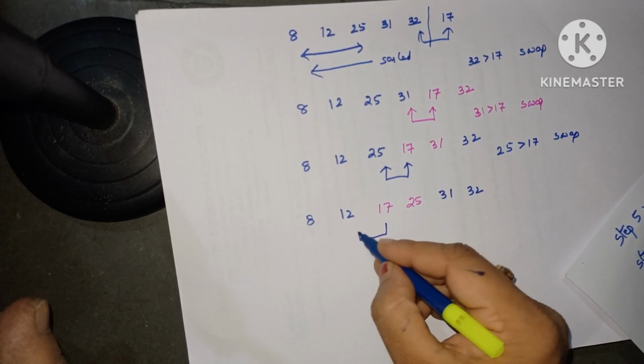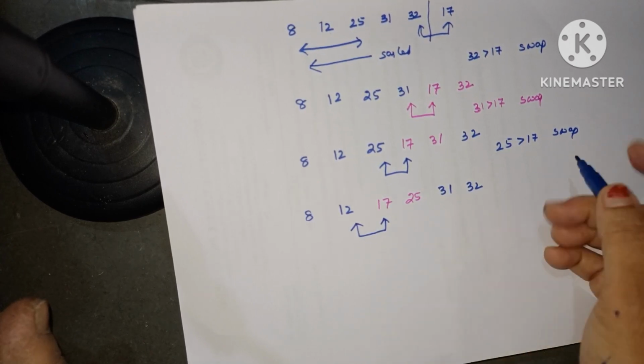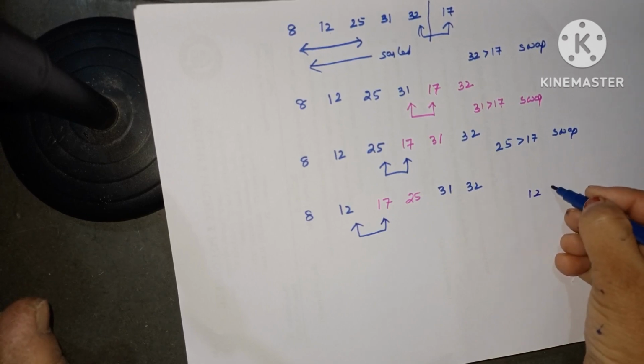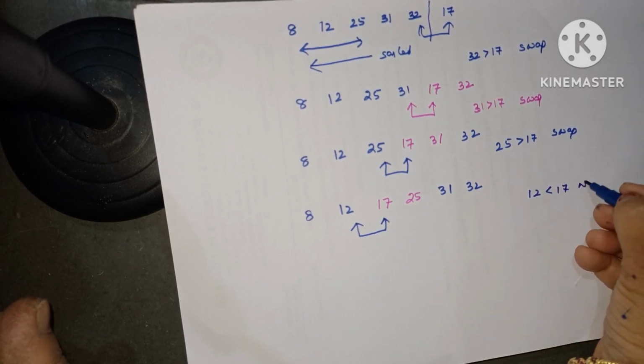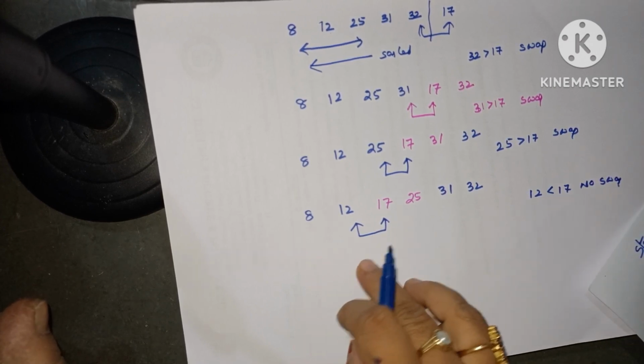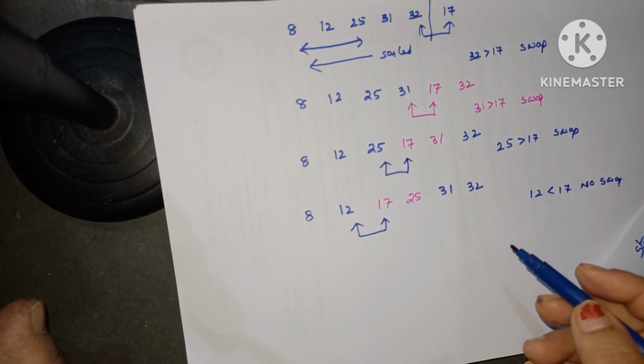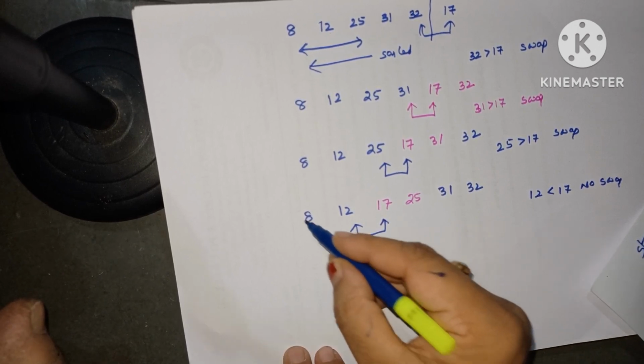Now compare these two elements. These two are in the proper place, because 12 is smaller than 17, so no swap. After that, compare these two elements, also in order. So after comparing, all the elements are in order.